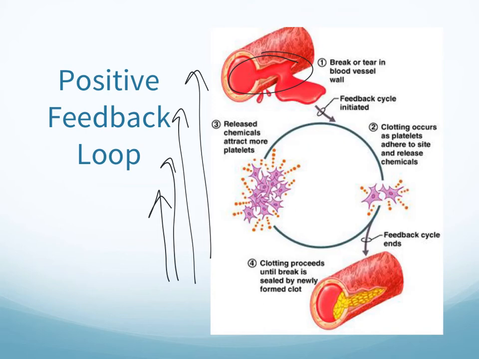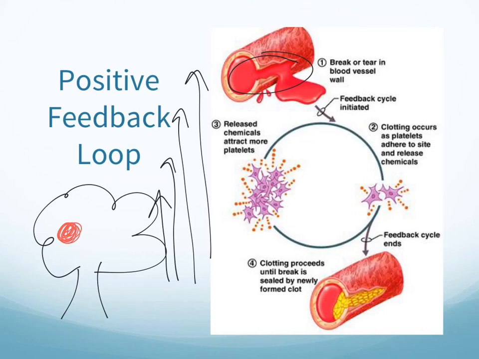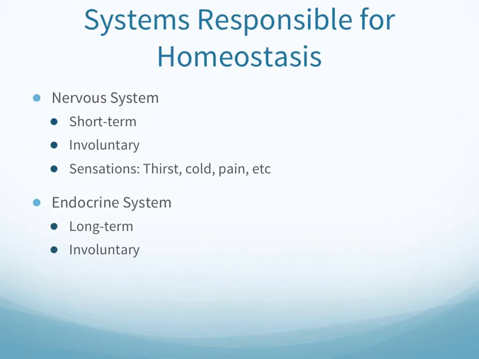And ripening of fruit is another example. Here's my apple tree. The chemicals in apples increase their ripeness, and that will signal more and more ripening throughout the entire plant.